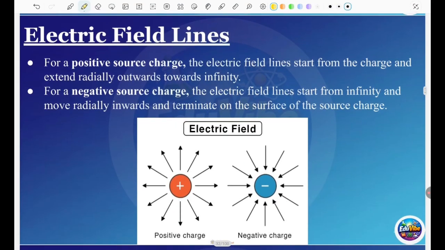Before dealing with that, one more thing: the electric field lines. If there's any force or any field, they also have some lines.